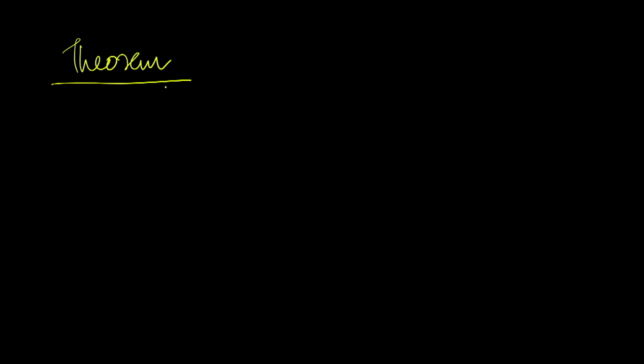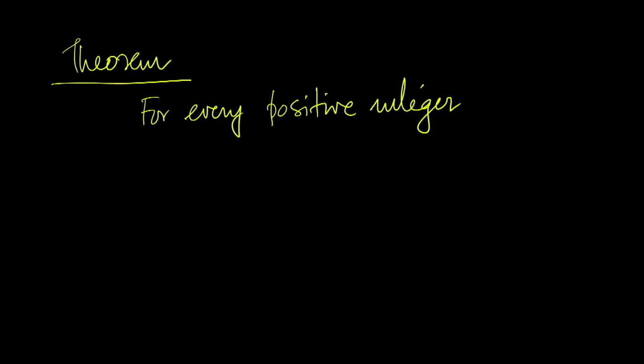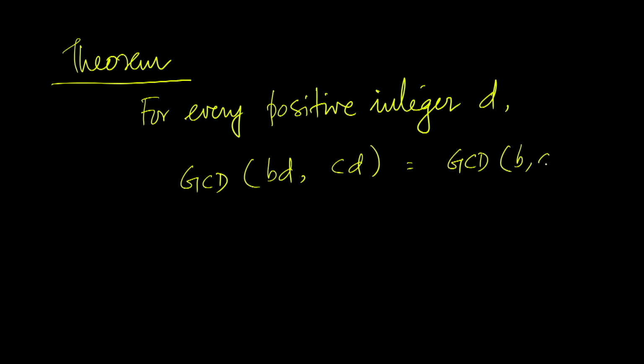Another theorem regarding GCDs: for every positive integer d, we have that GCD of BD, CD equals GCD of B, C multiplied by D. What is the GCD of BD and CD?